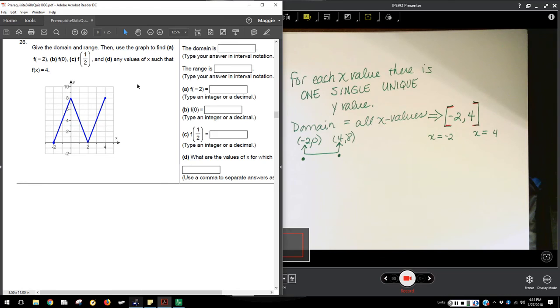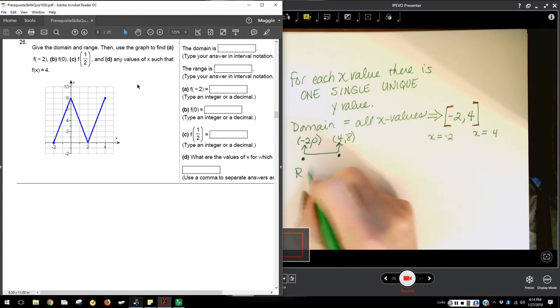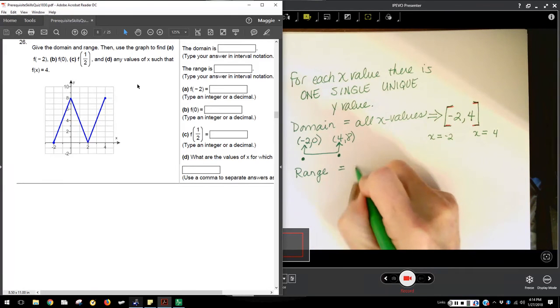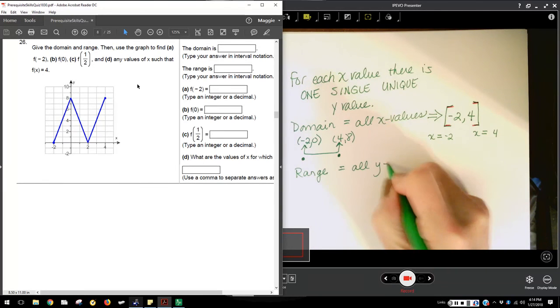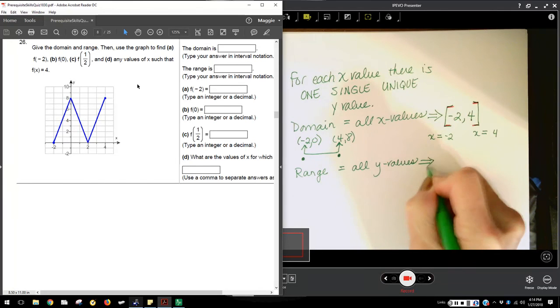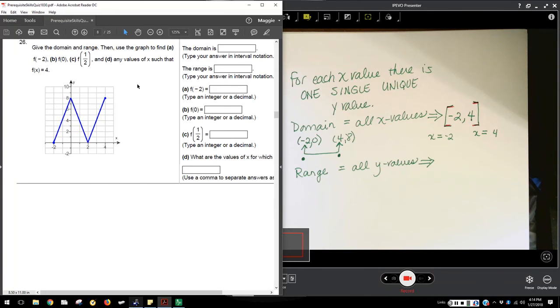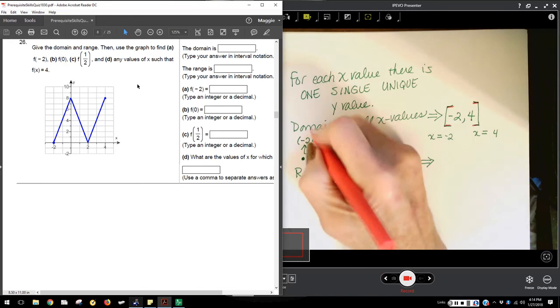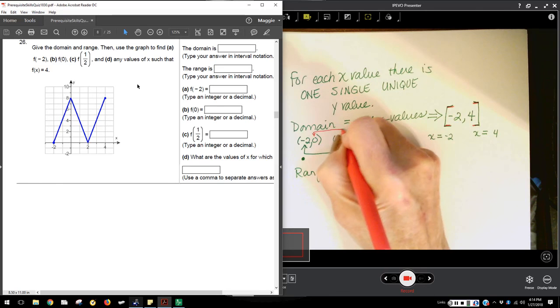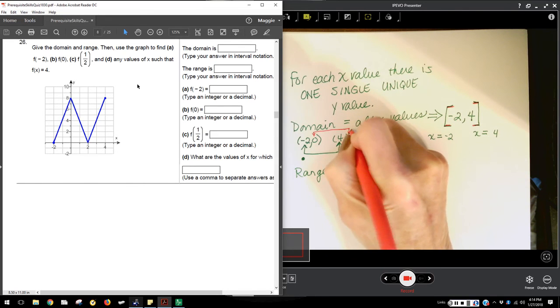Then the other thing that it tells us is to find the range. The range is all the y values. So when we're looking at the y values, the lowest y value is 0 and the highest y value is 8.